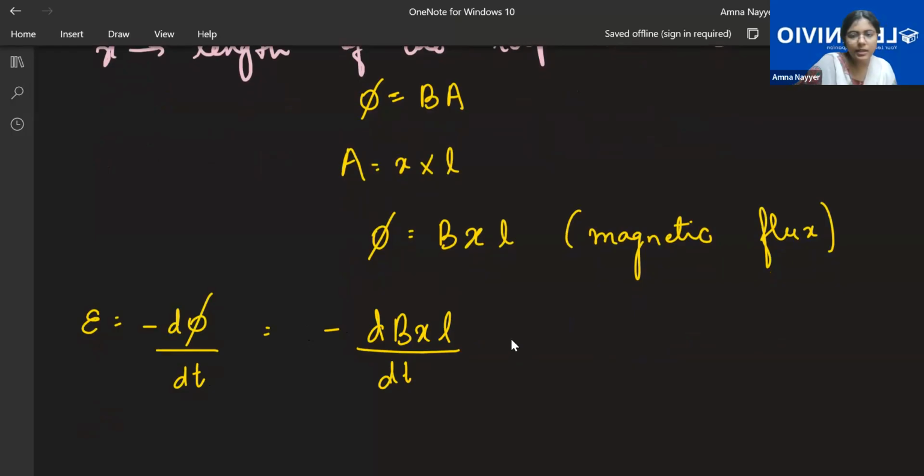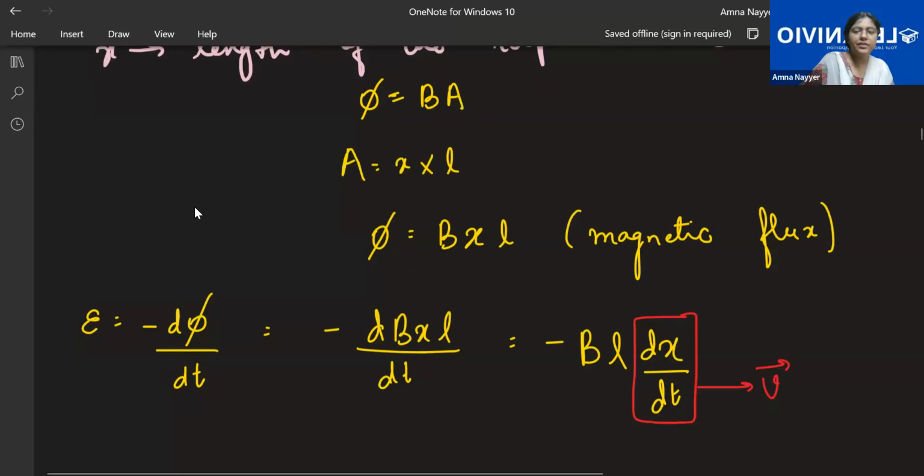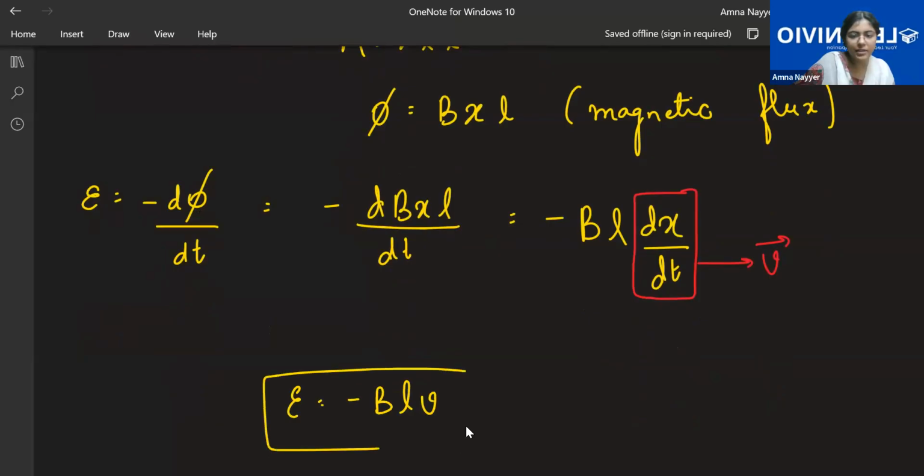The magnetic field and the length of the conductor are fixed, so I am left with dx over dt. Tell me, what is dx over dt? Velocity. Yes, this is the speed. So we finally get the formula of motional EMF as minus BLv.